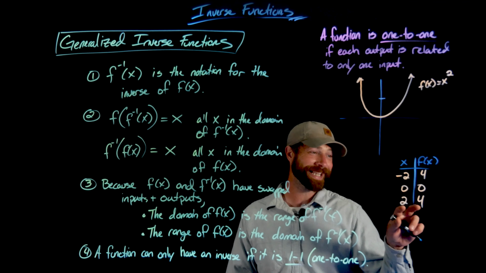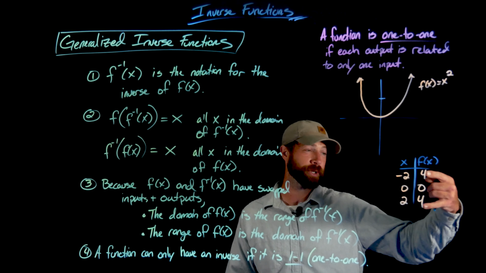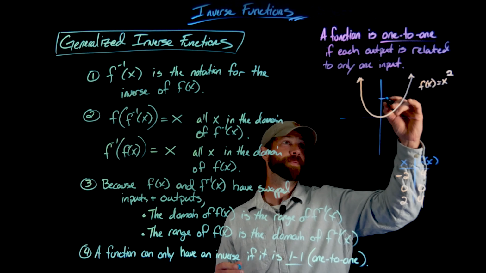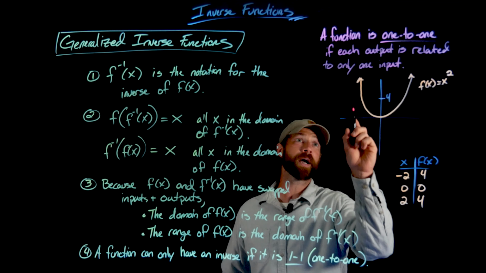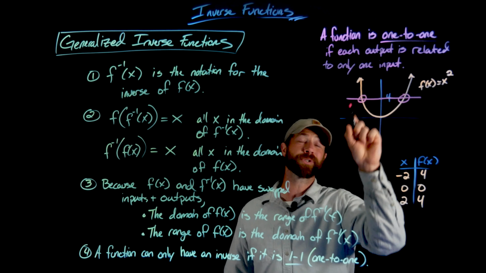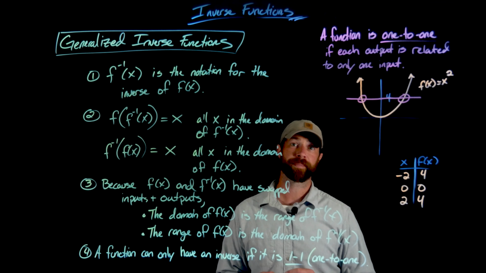Because if it does, then it's not one-to-one, because we have the same output related to two different inputs. What we can do is take a point on the graph, and if we can draw a completely horizontal line that goes through two different points, then it's not one-to-one.